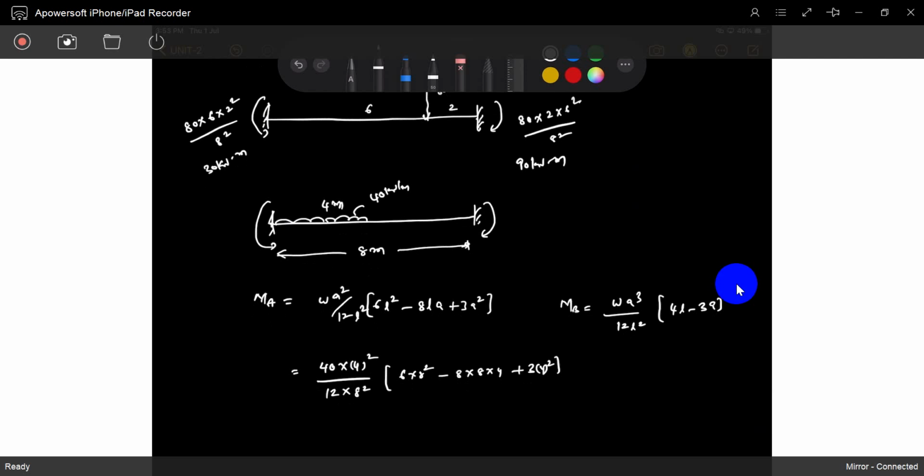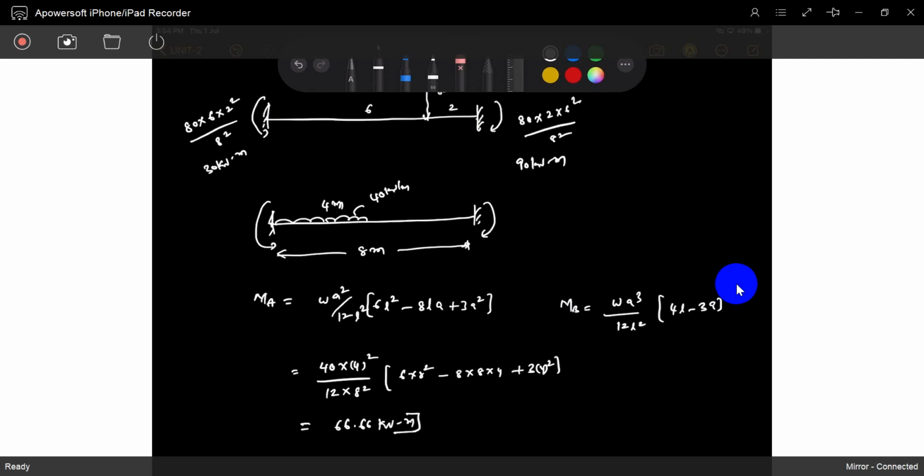Oh my god, we have to calculate it. 64 into 6, minus 32 into 8, so minus 16, 48, 80, answer multiply with 40, 16, answer divided by 12, divided by 64, it is 66.66.